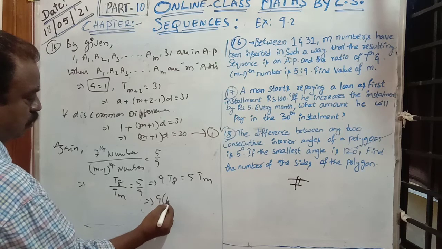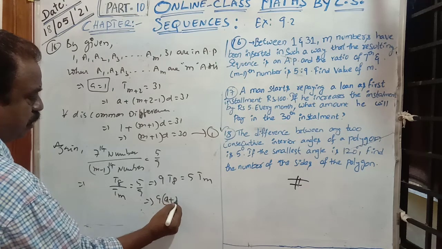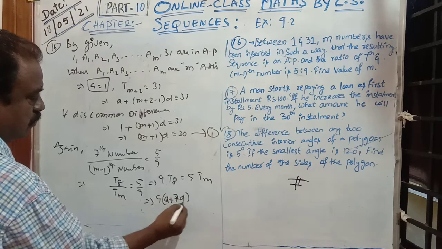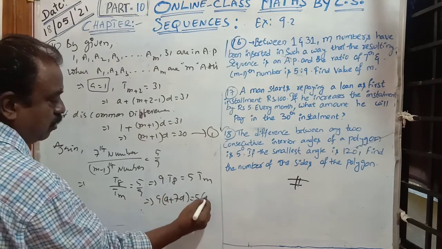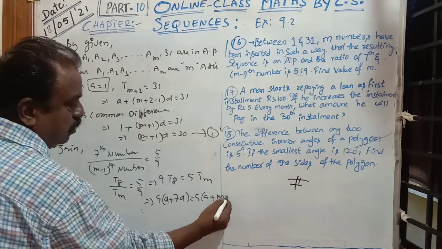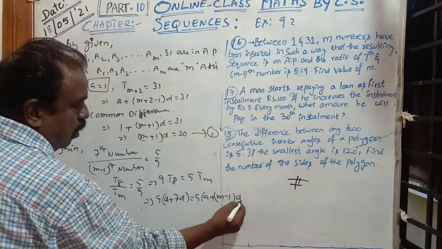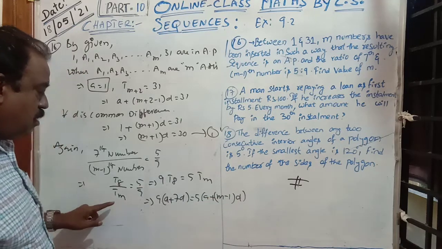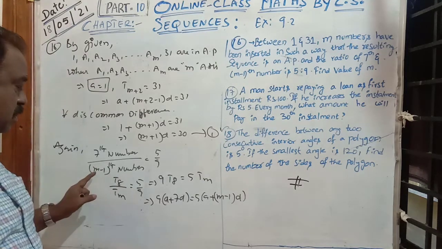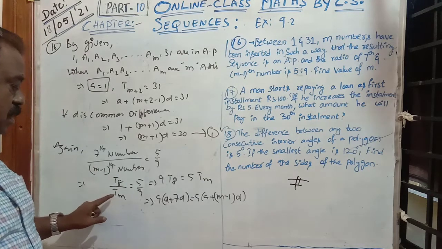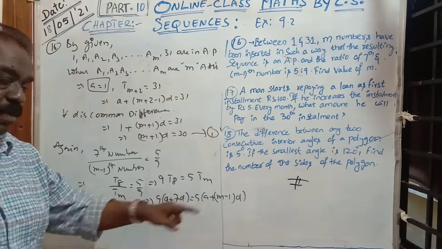9 of (A plus 7d), is correct? It is equal to 5 of (A plus (m minus 1)d). The (m minus 1)th number is nothing but the mth term, so the formula is m minus 1 with 1 added.